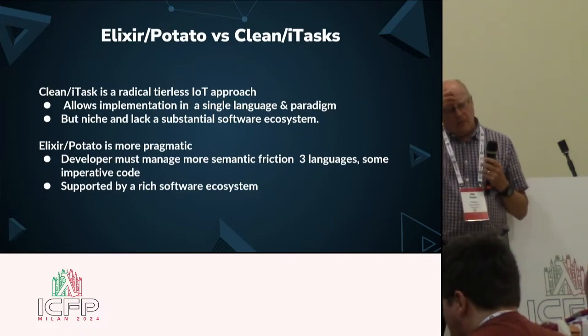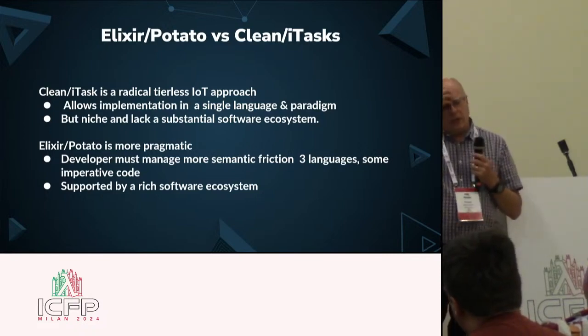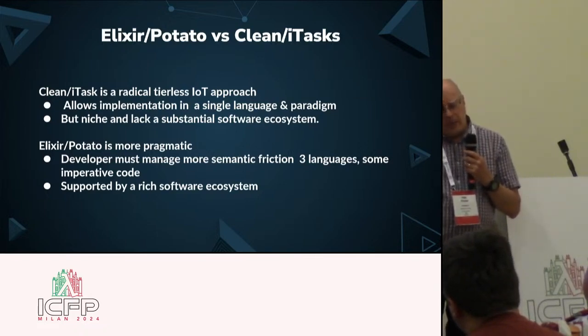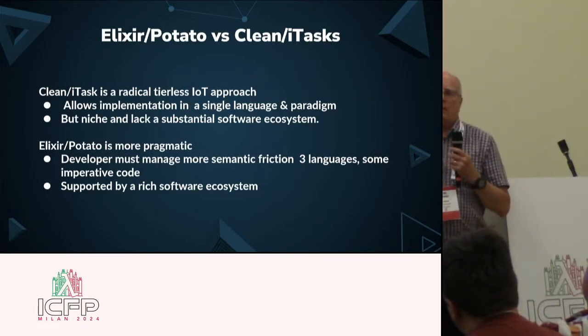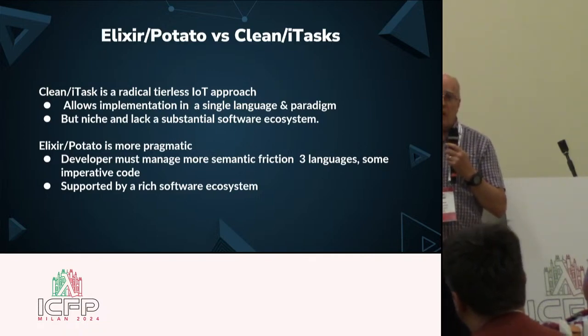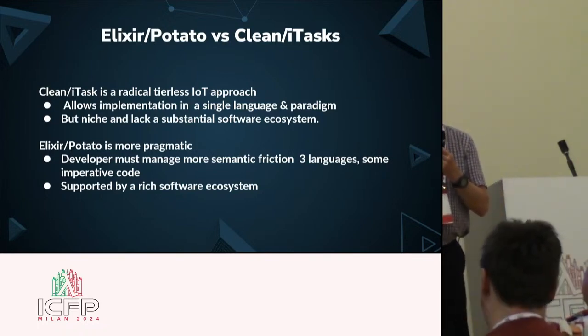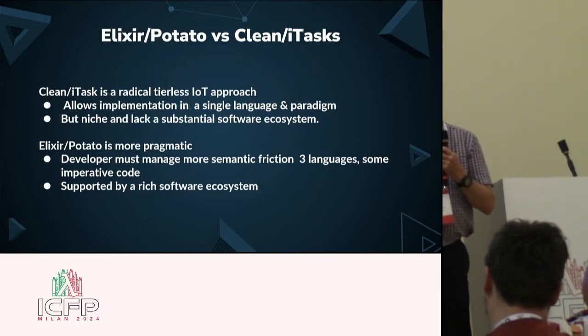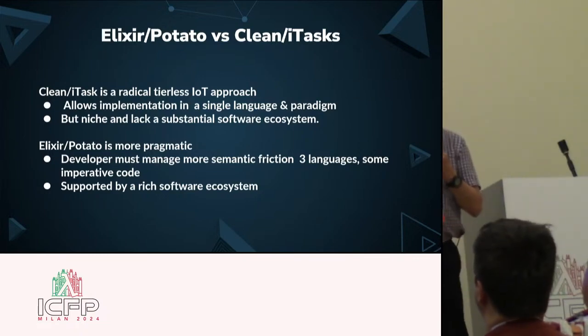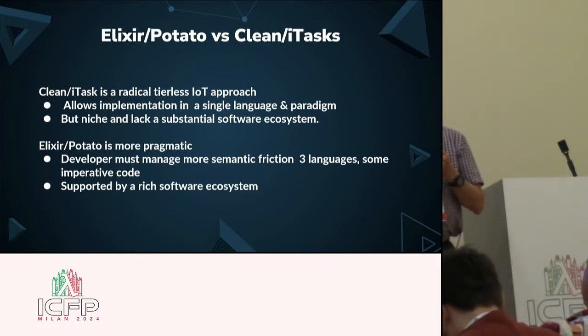I think conceptually, actually, I would argue that Potato should be treated as a language because it has a different computational paradigm, which is FRP. And FRP is different from actor programming. You're not sending messages to mailboxes, you are rather adding events to streams of events.